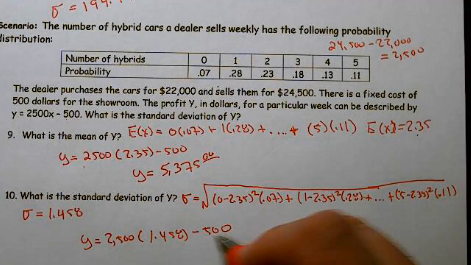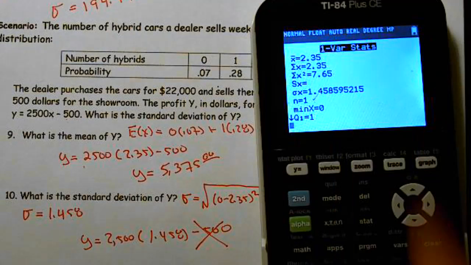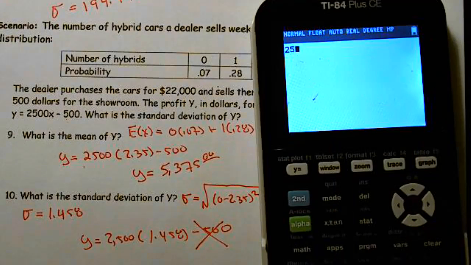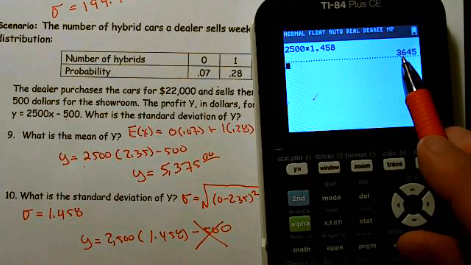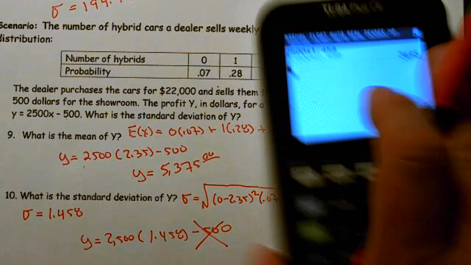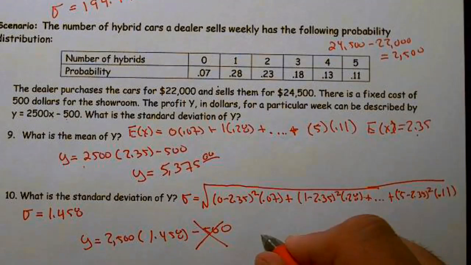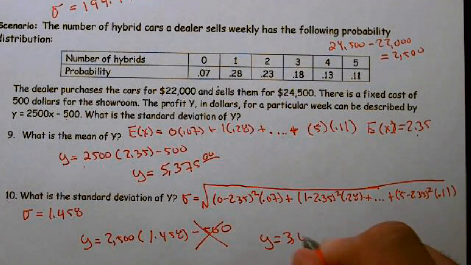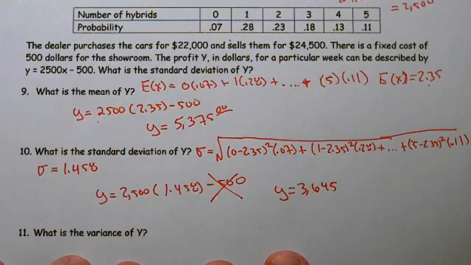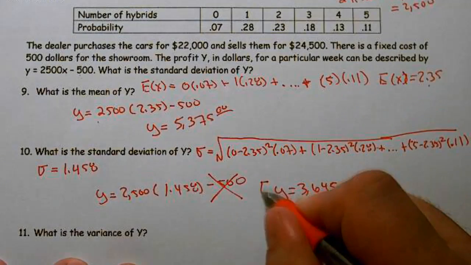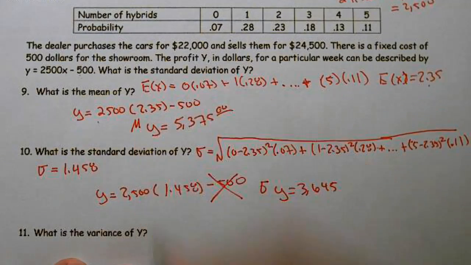Only we can't add or subtract constants, so this goes away. So we have 2,500 times 1.458. So we're expecting it to be 3,645. That's my standard deviation for Y. This is my mean of Y.